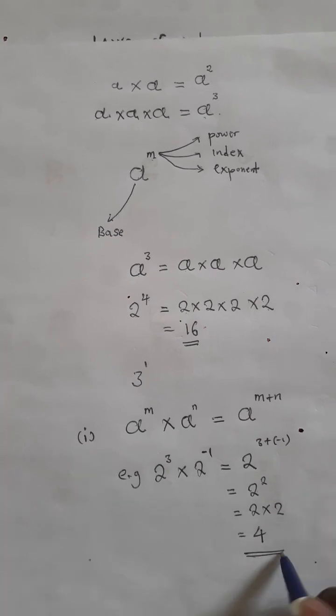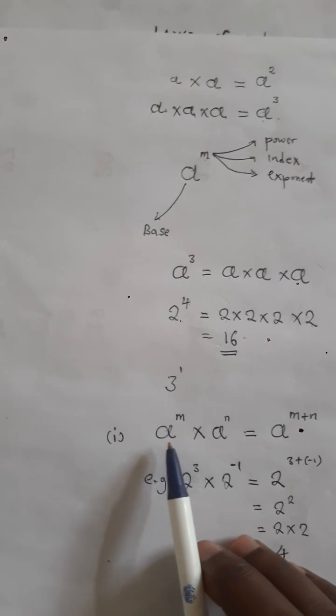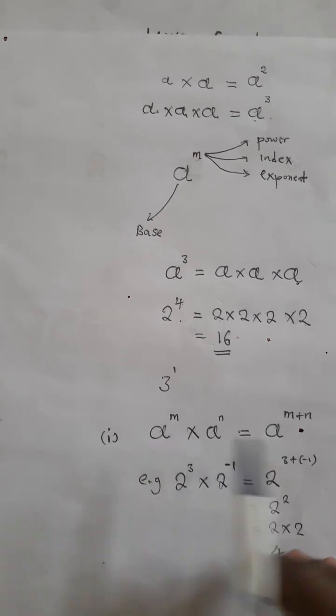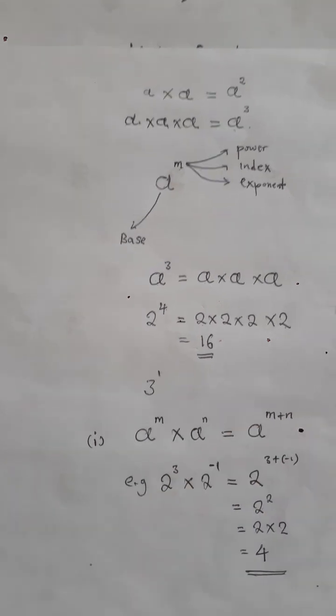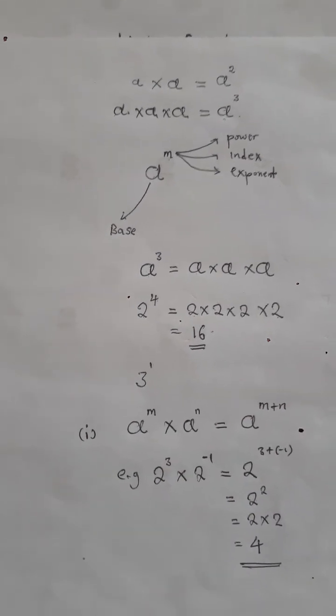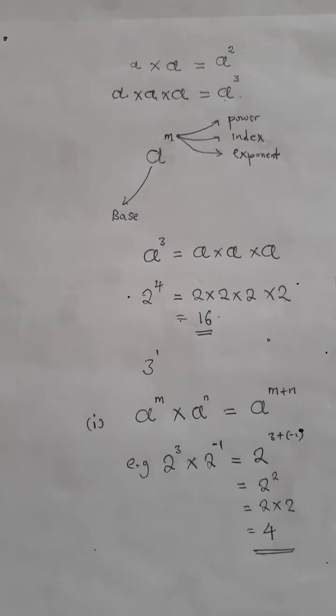So that's law number 1. When you're multiplying indices of the same base, you get the base, then you raise it to the sum of the powers. I hope it's clear. Please don't get confused by common mistakes that people make.